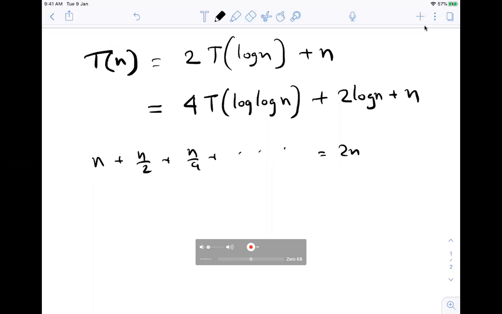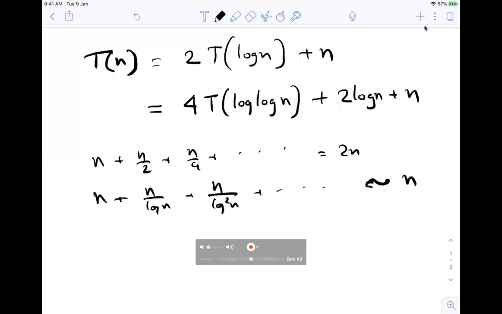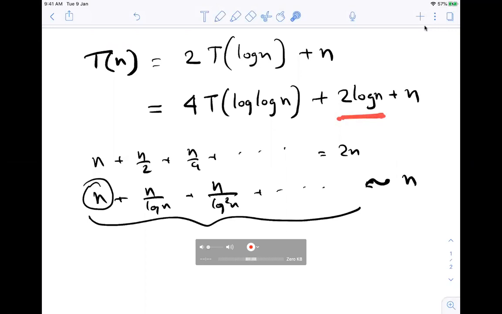In fact, if you make this n plus something much smaller, say n plus n/log n plus n/log² n, it is asymptotically just equal to n, because these quantities are very slow moving. So this n will dominate everything; everything else will be very small. Now here I have log n, which is even smaller than n/log n.